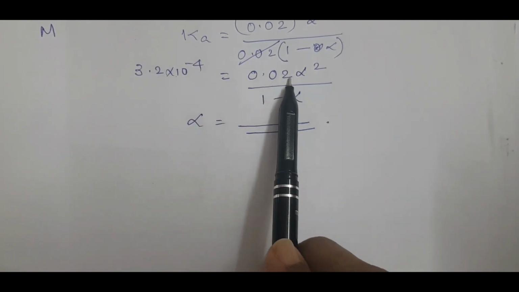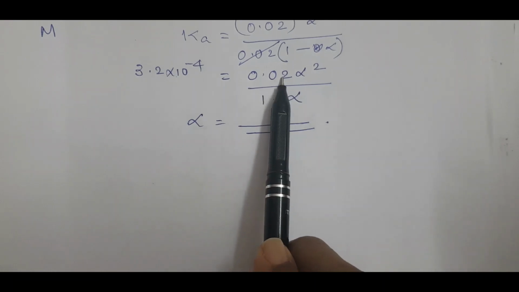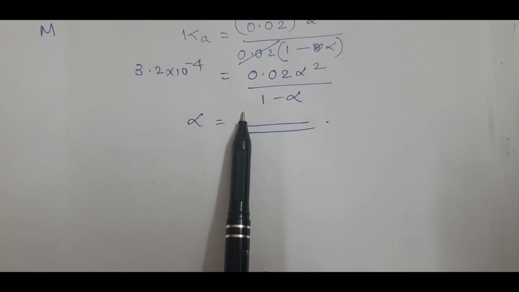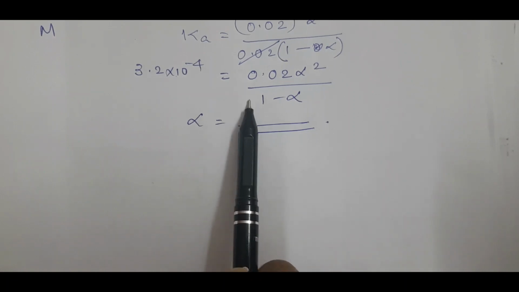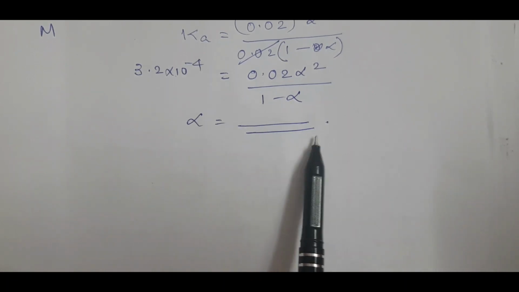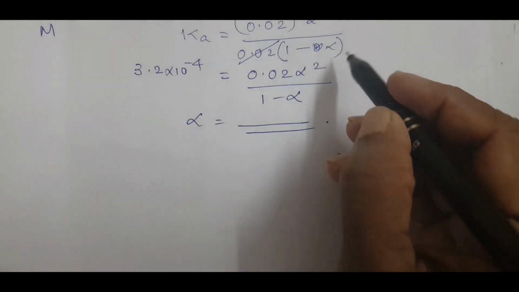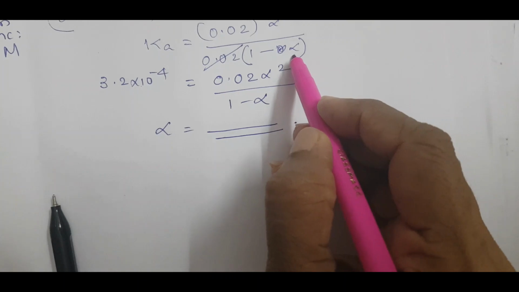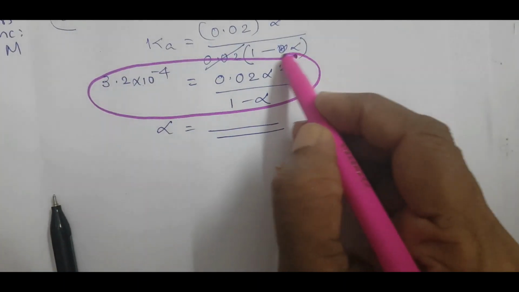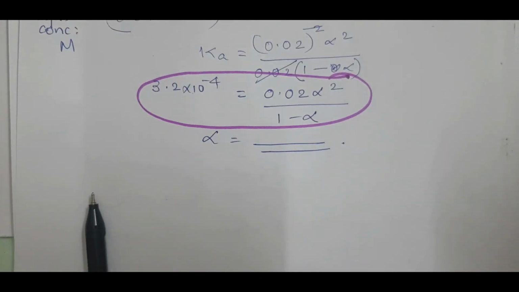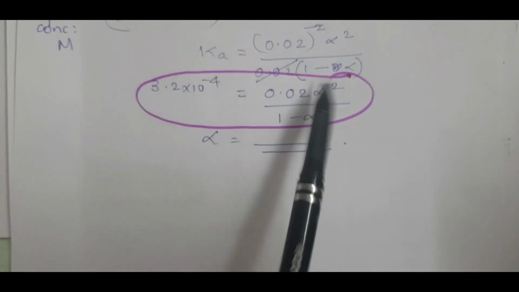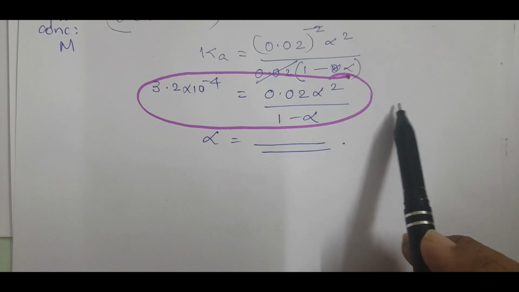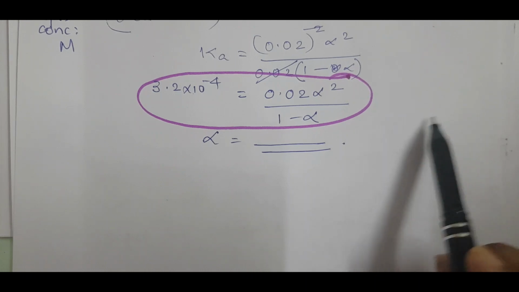So if you divide by 0.02, you will get alpha squared plus 1.6 into 10 raised to minus 2 alpha minus 1.6 into 10 raised to minus 2 is equal to 0. You have to simplify this equation and find the alpha. That's it. I have given a hint: just take the form of a quadratic equation and get alpha as minus b plus or minus root of b squared minus 4ac by 2a.